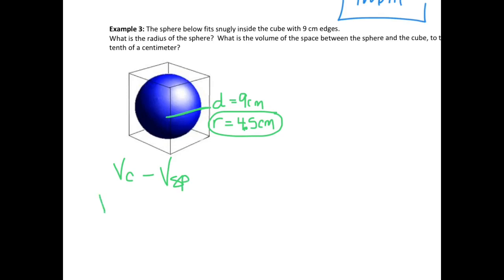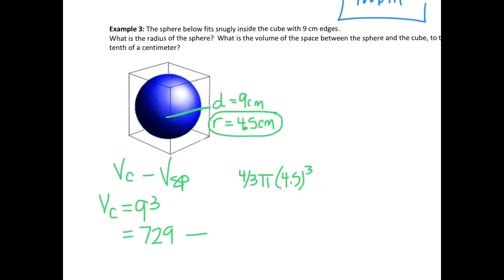Okay, so volume of the cube, well, if the sides are 9 centimeters each, that's just 9 cubed, which I believe is 729. It is. Okay, so 729. And from that, we're going to subtract the volume of the sphere, which is 4/3 times pi times my radius, 4.5 cubed.